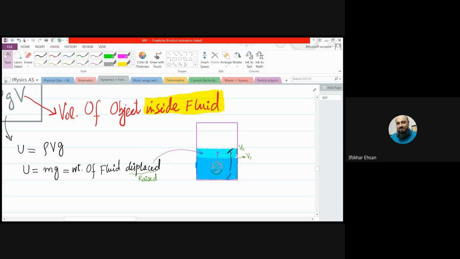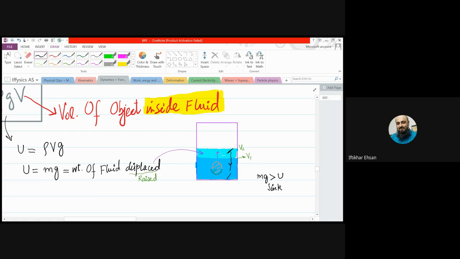So it will displace a very small amount of water, and the weight of water displaced will be equal to the upthrust. So it will create such a small upthrust that its weight will be larger than that upthrust, and it will sink. The objects which have larger weight than upthrust, they sink, right?